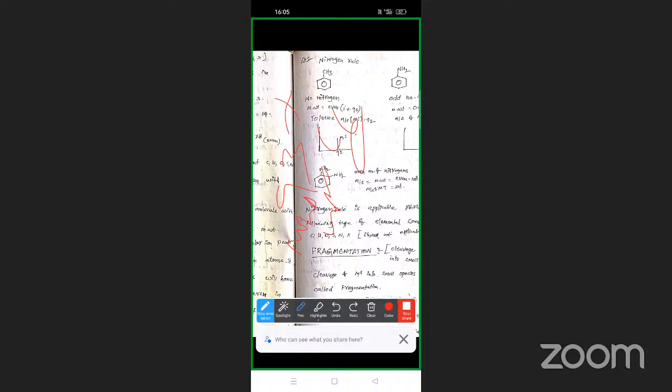For 6 carbons, 6 into 12 is 72, and 1 nitrogen is 14, so it becomes 86. So 93 minus 86 gives 7 hydrogens. So like that, you find out the composition.